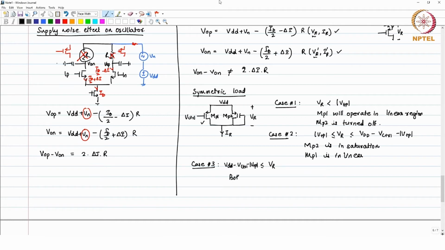Both transistors are in saturation. So, you see, depending on the swing available at this node, the drain node, your transistors are in saturation region, right? Your current is going to vary.